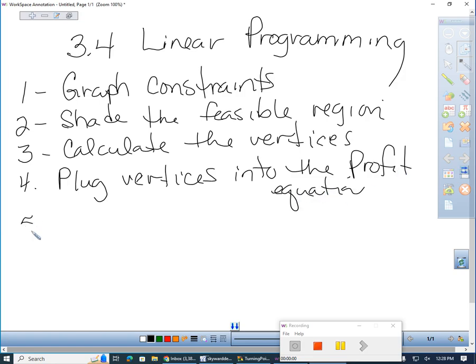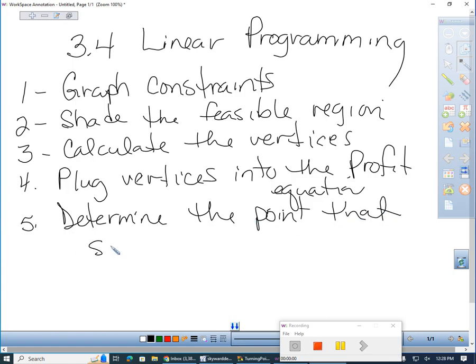Step number 5, determine the point that satisfies the max or min, depending on which one is required by the problem, right? So these are the 5 steps.